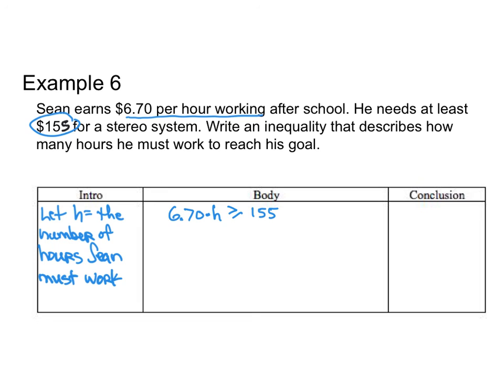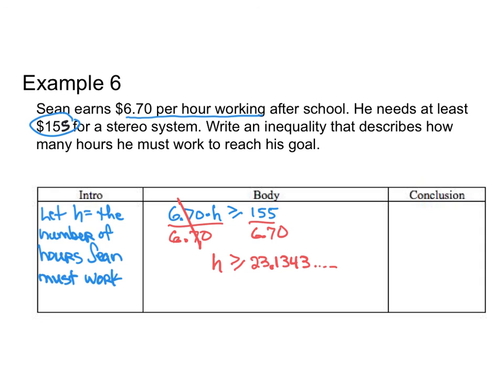We know that 6.70 is multiplied by the h, so we're going to divide by 6.70 on both sides. Then 6.70 divided by 6.70 is 1, which leaves h by itself, greater than or equal to 155 divided by 6.70, which is 23.1343, and it keeps on going.